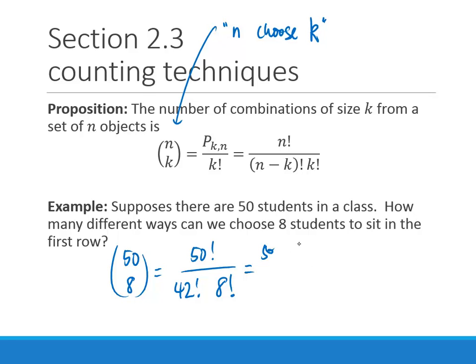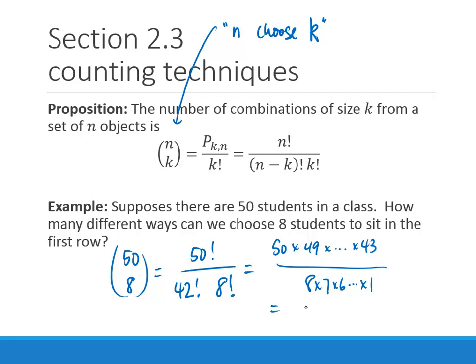So this is 50 times 49 all the way down to 43. That's my permutation; the 42 factorial on the bottom cancels out the rest. And now I want to divide by 8 times 7 times 6 all the way down to 1.